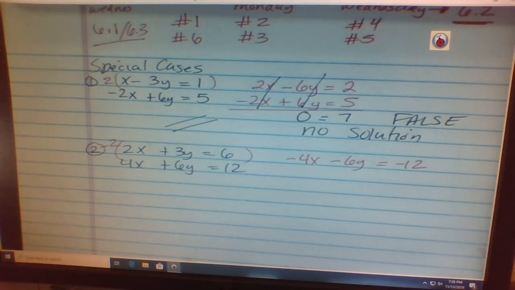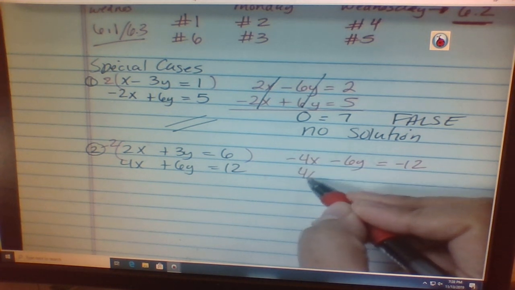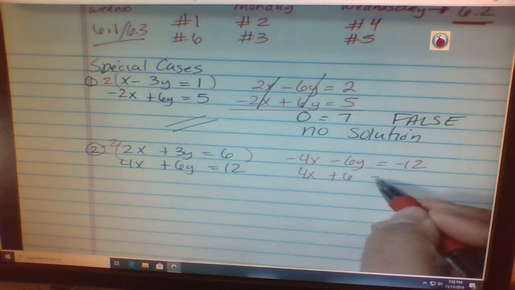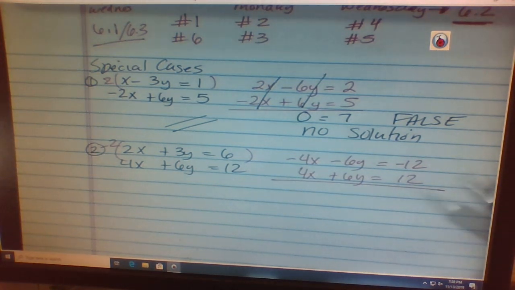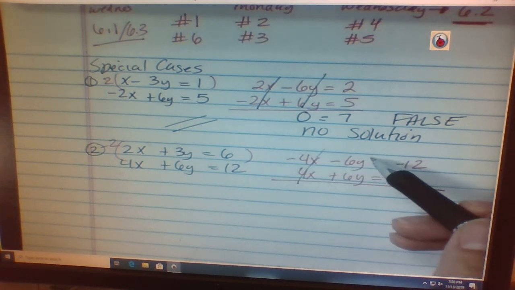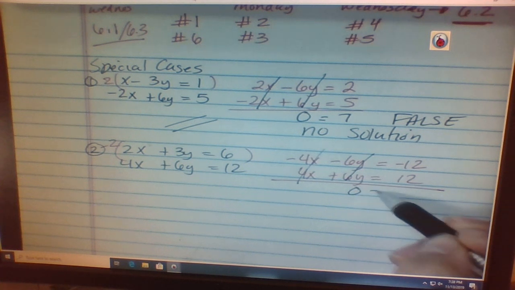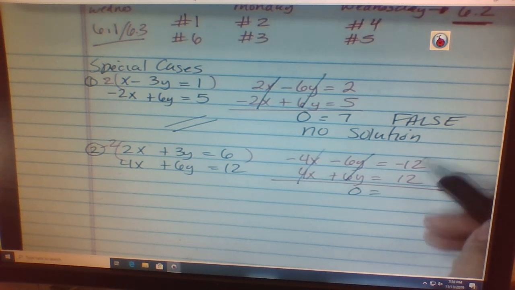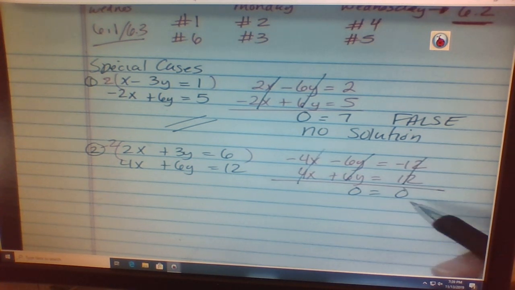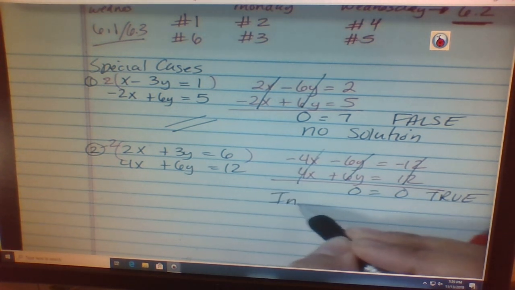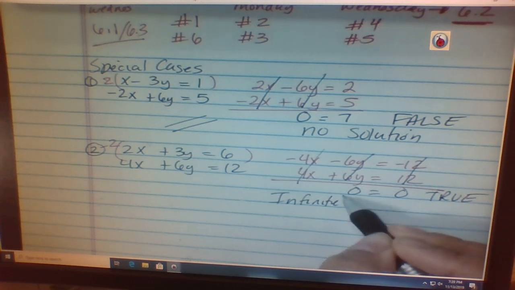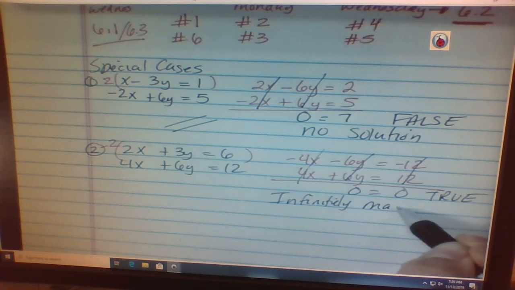Rewrite the bottom all the way through. When I do this, your x's cancel, my y's cancel, so this is 0. But your 12 also cancels. Is 0 equal to 0? Yes. This is a true statement, so we have infinitely many solutions.